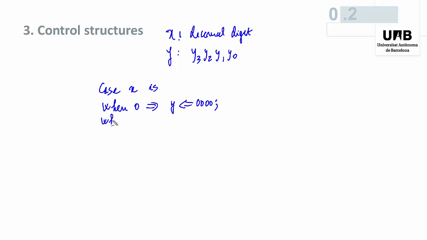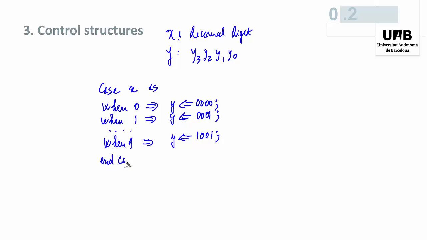When x is equal to 1, then y will be equal to 0, 0, 0, 1, and so on, up to when 9, then y will be equal to 1001. And that's it. End case.